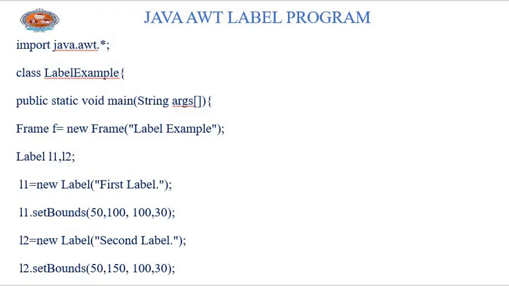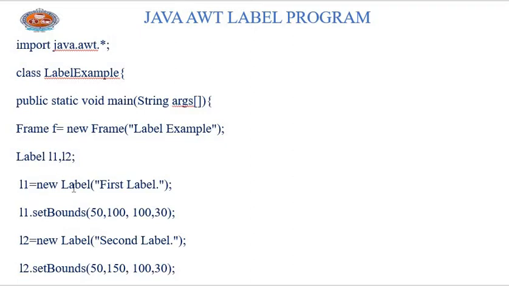Okay, so example program, import the AWT package. Next class name is LabelExample, class open. Next one is main method, public static void main String arguments, main method open. So here create the frame, f is equal to new Frame. Next Label L1 and L2.